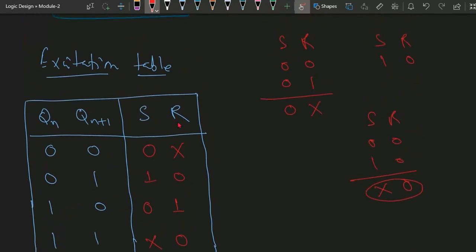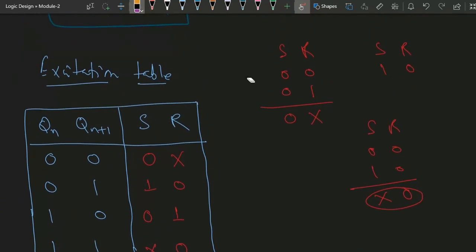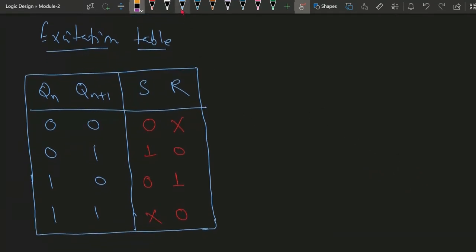So this is how the excitation table is drawn for a particular flip flop. With the help of the characteristic table we can draw it, and the excitation table gives the different states of the flip flop.